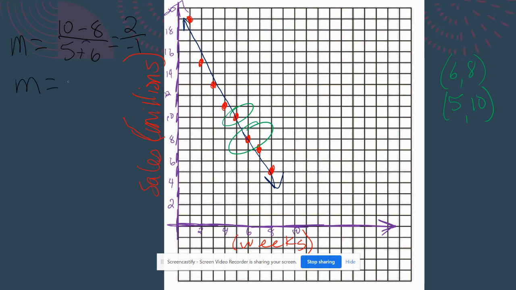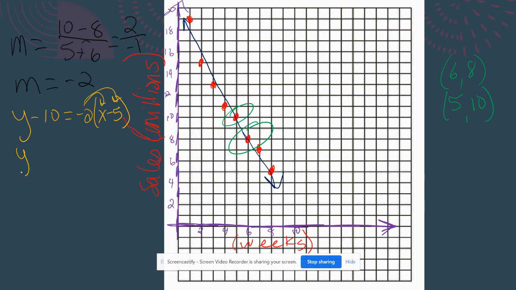So our slope is -2. Doesn't matter which ordered pair we choose to use. I'm going to use 5, 10. So y minus 10 is equal to -2 times x minus 5.